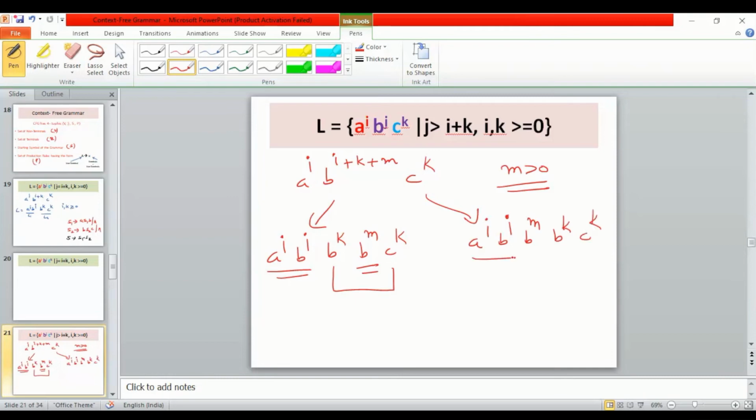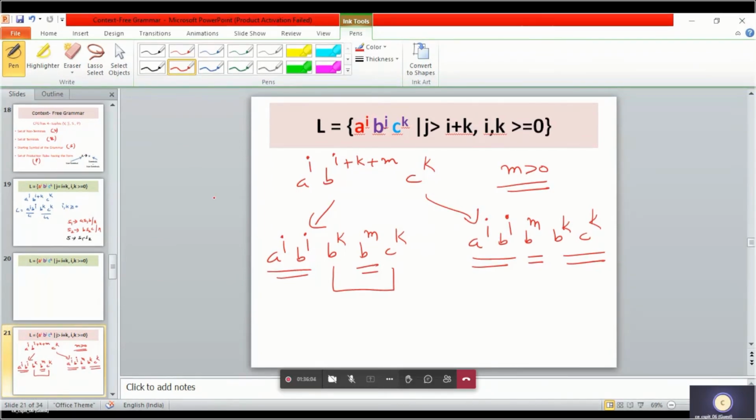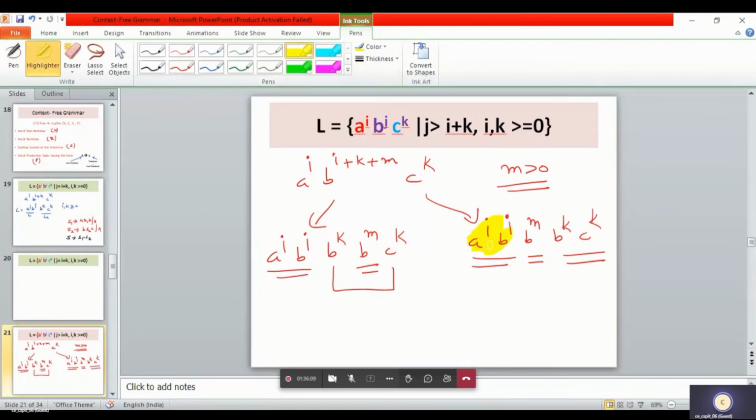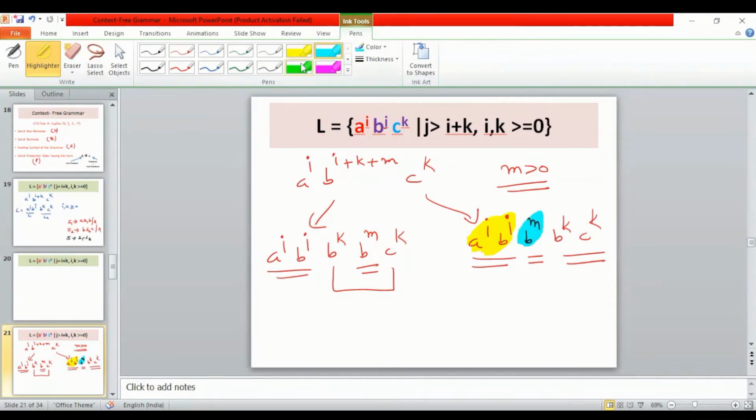So here we have A raised to I, B raised to I, we have B raised to M, and we have B raised to K, C raised to K. Again, you can see that the order of A, B, and C is preserved. We are only rewriting the above equation. Now if I consider the second alternative, which is more straightforward, then we can say it is a combination of three different languages instead of a concatenation of two different languages.